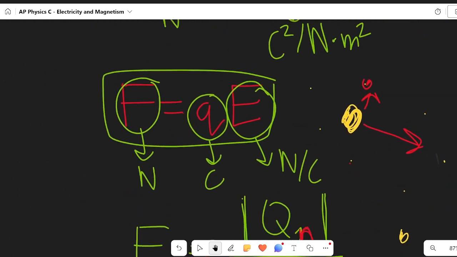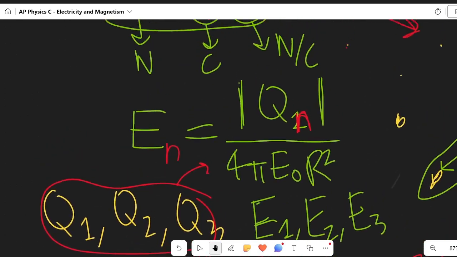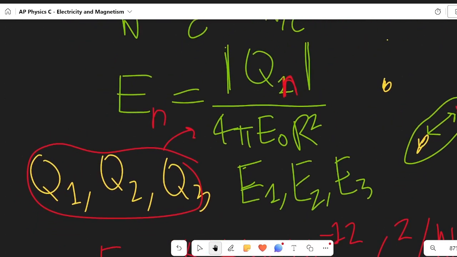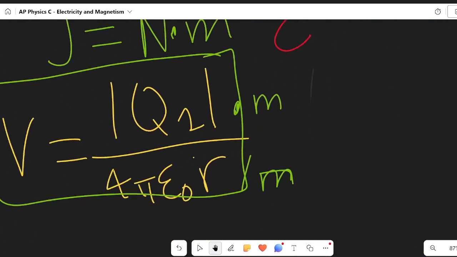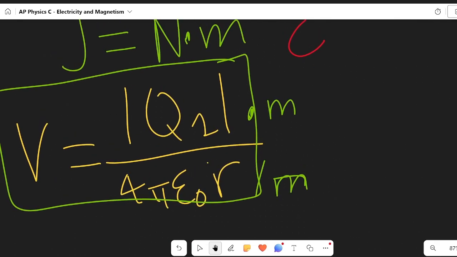Once again, we can do the same thing I covered earlier with electric field, where for multiple points you find E1 plus E2 plus E3. We can also similarly do V1 plus V2 plus V3. So superposition still applies here.